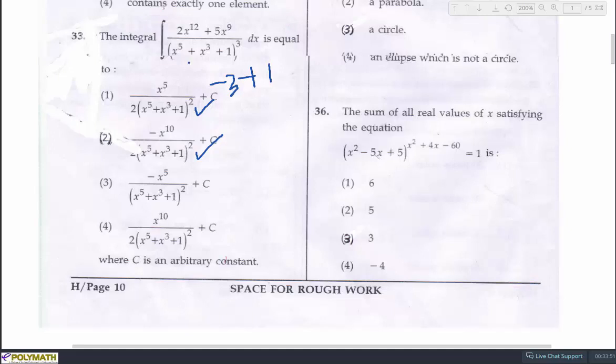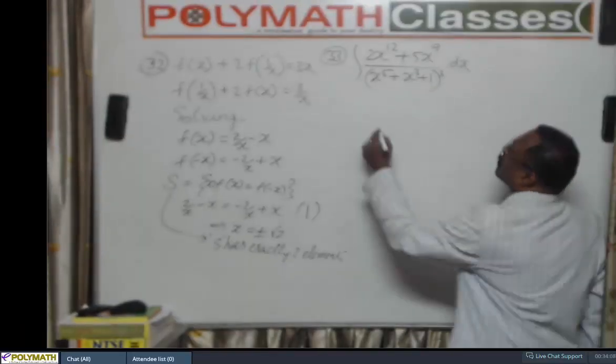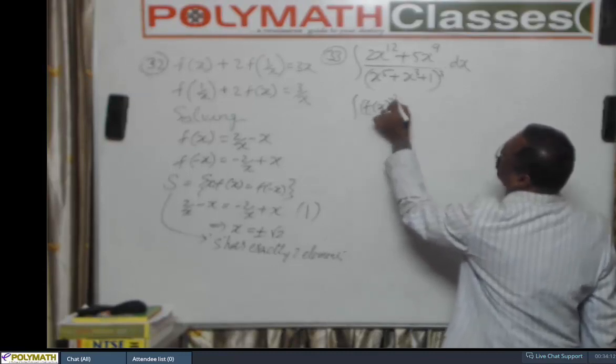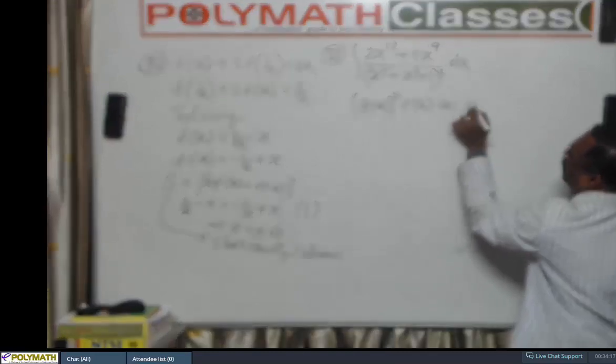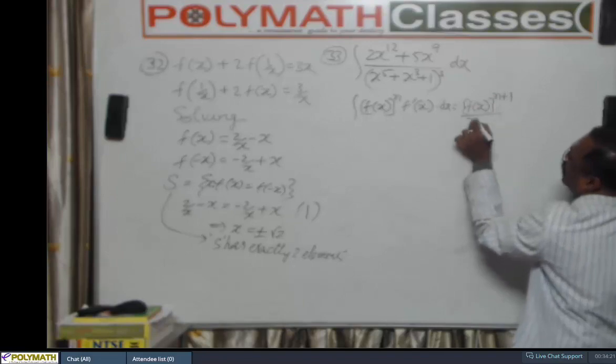So form the idea from there. So which formula is to be applied in this case, let me discuss now. If you take the formula, integral of f of x whole power n into f dash x dx is nothing but f of x whole power n plus 1 by n plus 1.